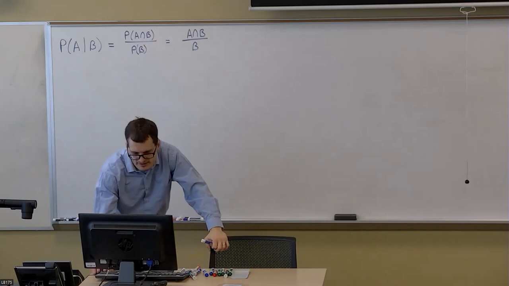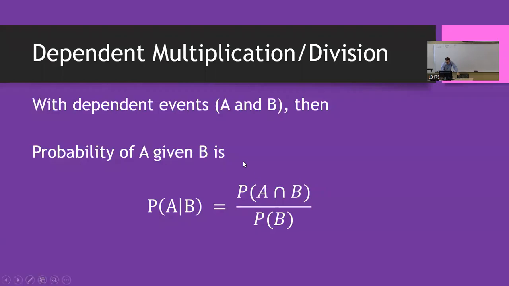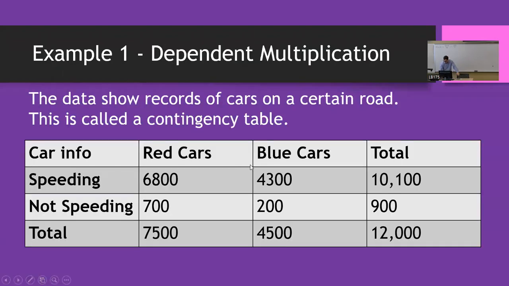Let me do an example using what we call a contingency table. A contingency table is a table where we break down a certain phenomenon in two different variables, and we look at the options for those two variables.